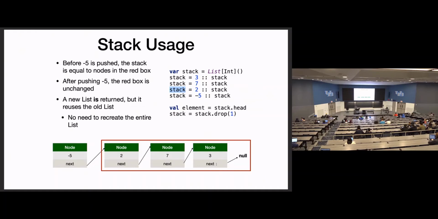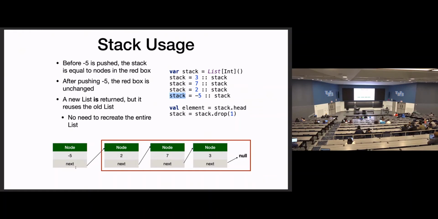When we prepend -5, we're going to create a new linked list node with the value -5, and its next refers to the first node in the original list. And then stack is updated to a reference to this linked list node.